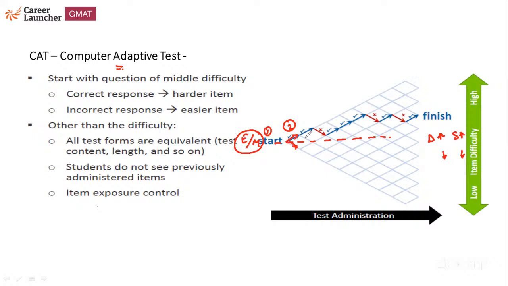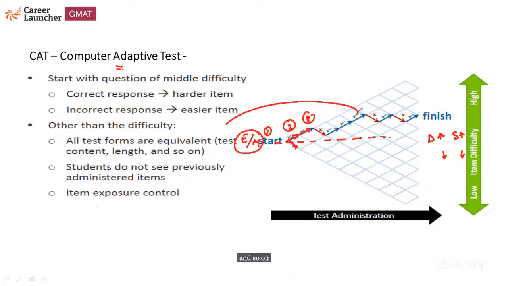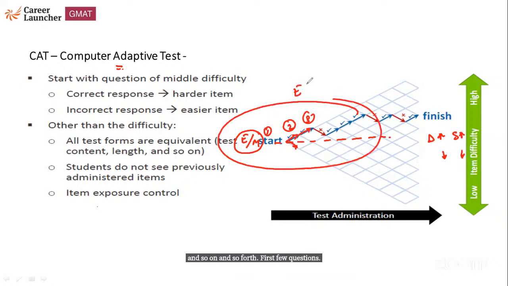The test adapts to the test taker. So second question correct, third question difficulty level increases, and so on and so forth. First few questions are more towards easy and medium. So you should be getting them correct in order to get the difficulty level high and in order to get the score high.